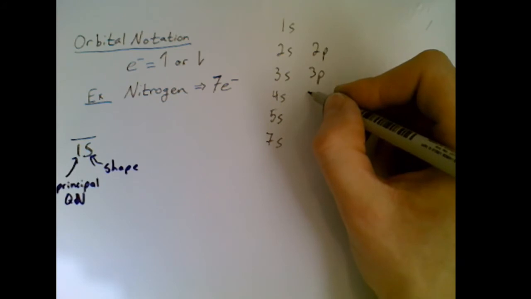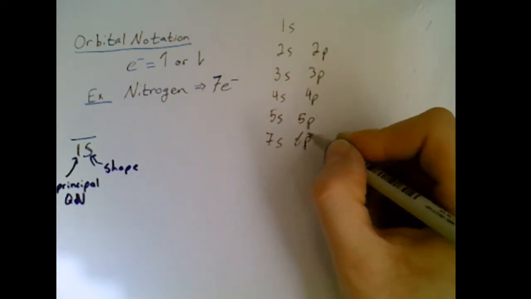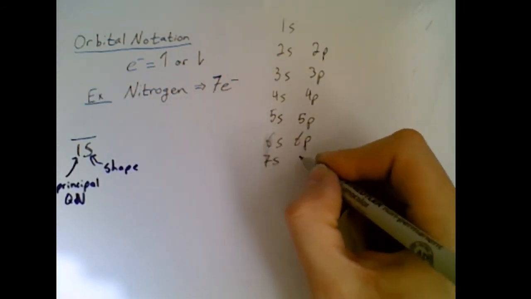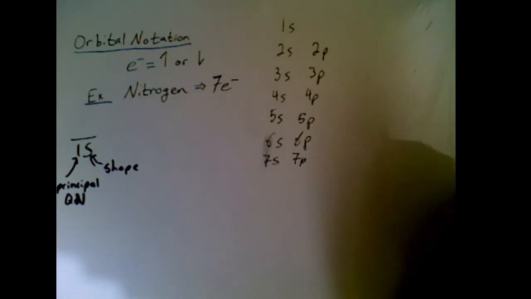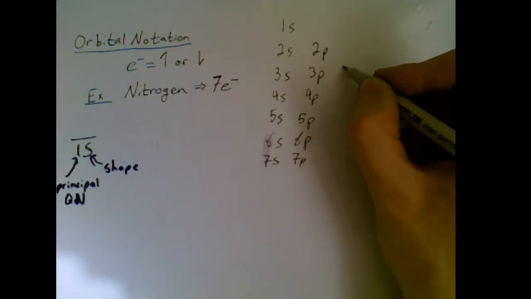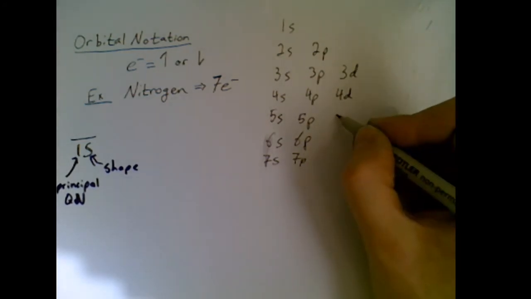So 2p, 3p, 4p, 5p, 6p, oh, I forgot, 6s, 7s, 7p. Okay, then we're going to start a list of the d orbitals. And the d's don't start until the third energy level, so the third distance from the nucleus.